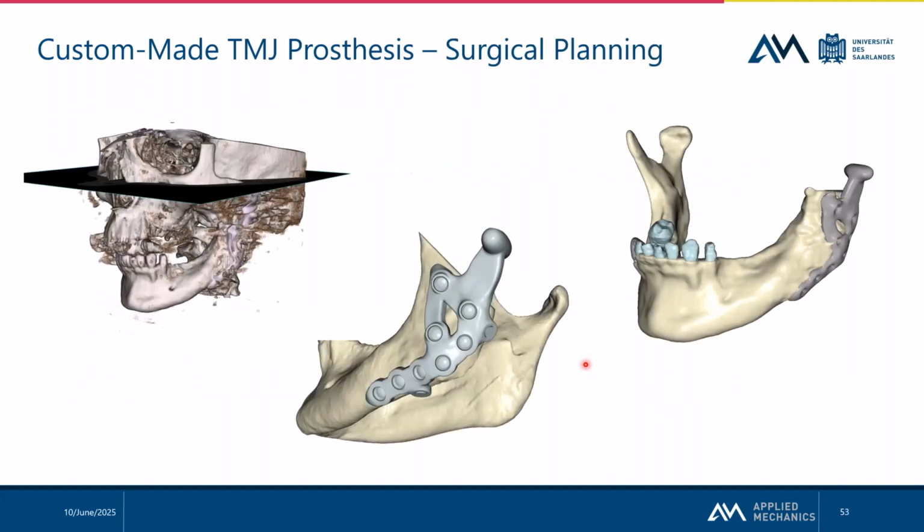And on this slide, you can see on the left a threshold-based visualization of the situation of the patient, and in the middle you see the segmented model with the computer-aided design model of the prosthesis, and on the right you see a segmented model of the patient.